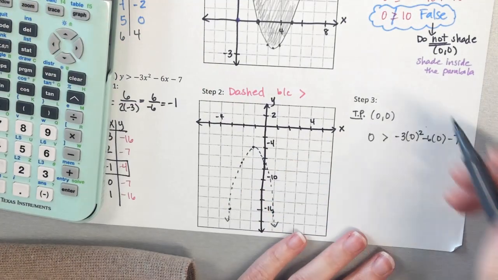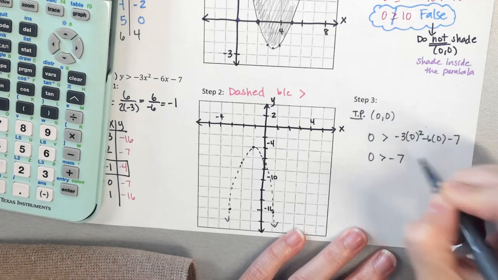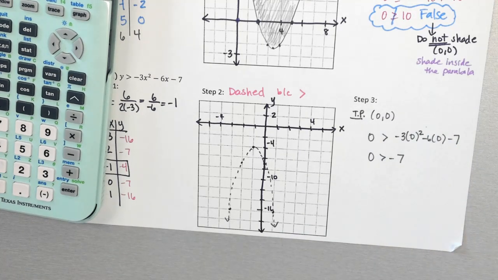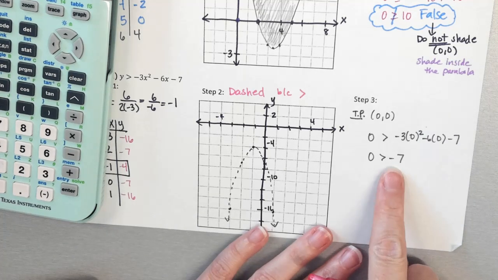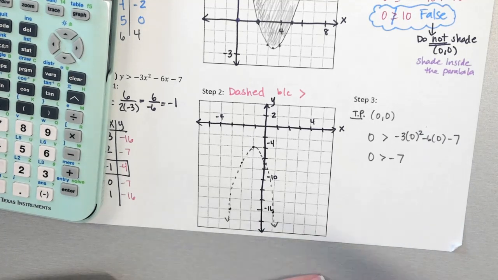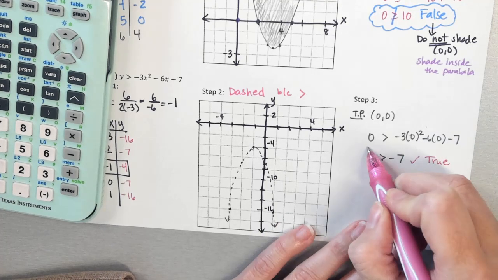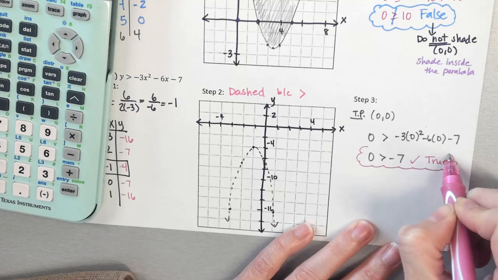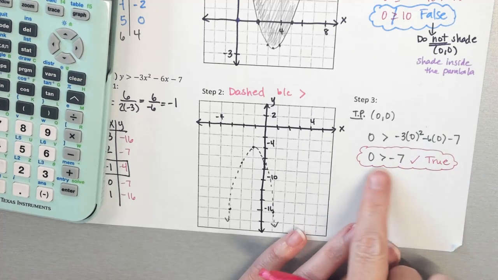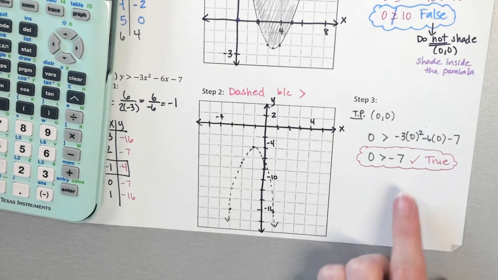Yeah, -7. So you have 0 is greater than -7. Okay, is 0 bigger than -7? What's bigger, 0 or negative? 0. Okay, so this is true. So you can put like a little check if you want, true. Okay, I want an acknowledgement of whether it's true or false, and I need to see this expression.